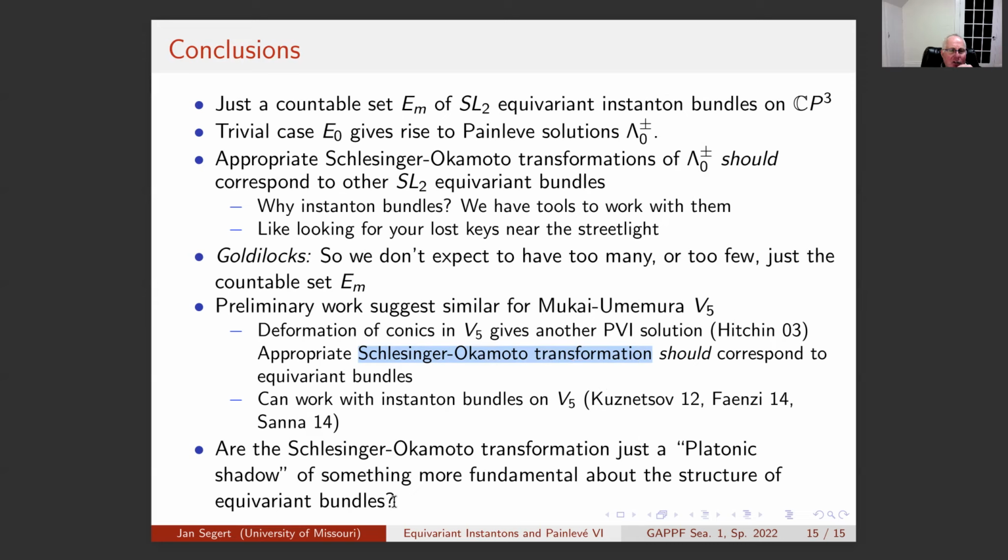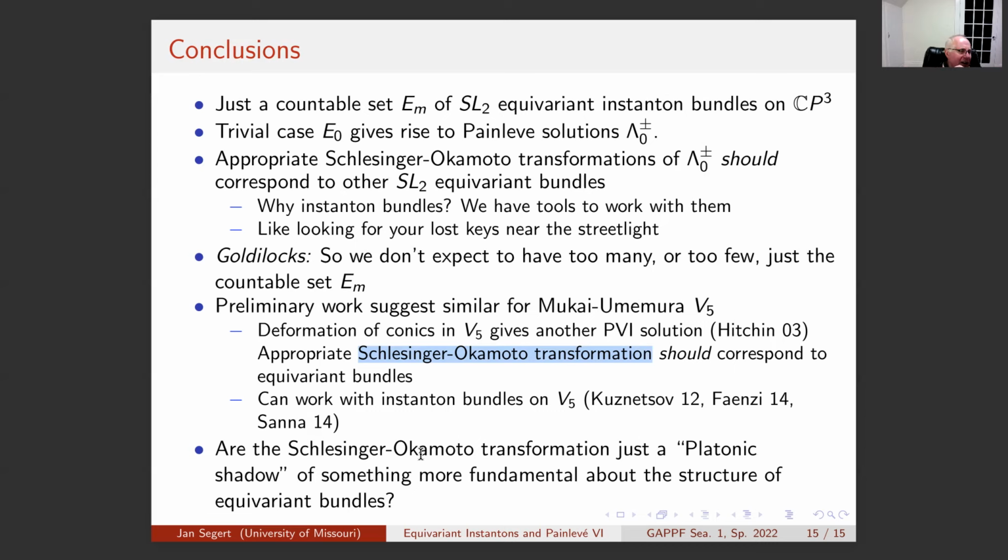The question that keeps me working on this, in both the P3 and the V5 case, and I expect the V22 Mukai-Mamura will work the same way, which is even more complicated, is whether these Schlesinger-Okamoto transformations of the Painlevé solutions are just a platonic shadow of something more fundamental about the structure of these equivariant bundles. If you didn't know about this connection with Painlevé and Schlesinger-Okamoto, how could you go about explaining that there's this countable set of SL2 equivariant instanton bundles?